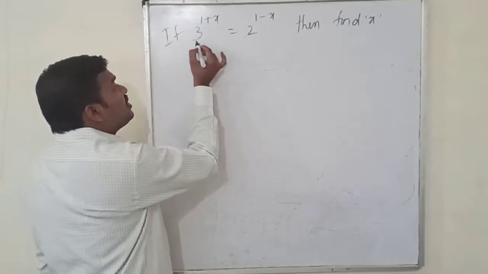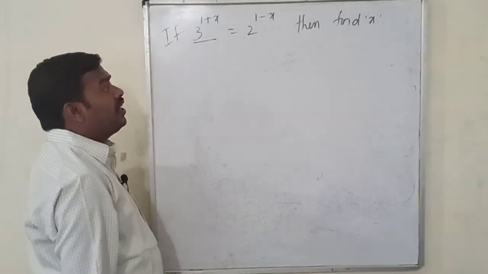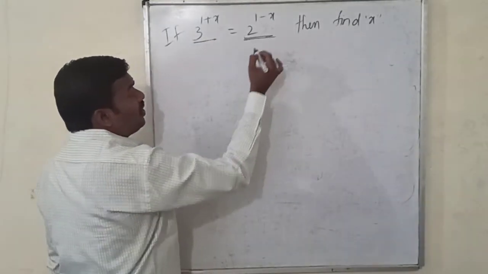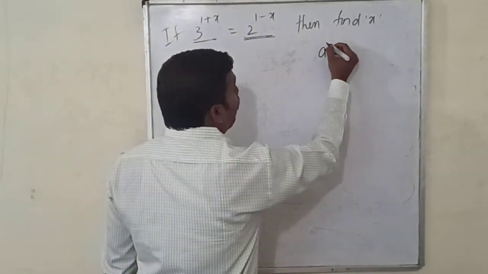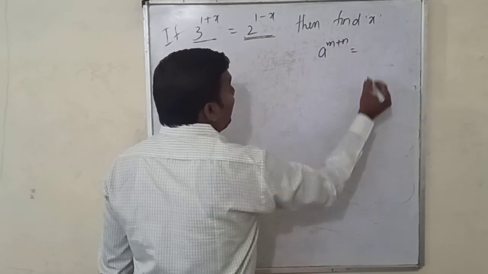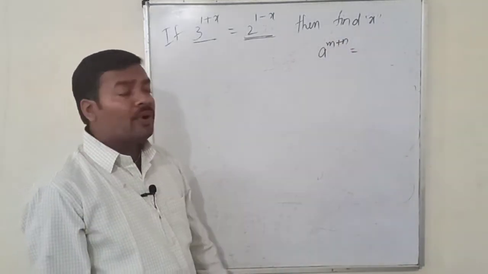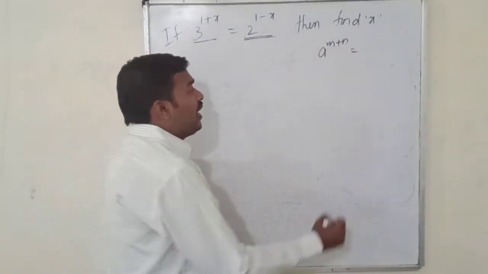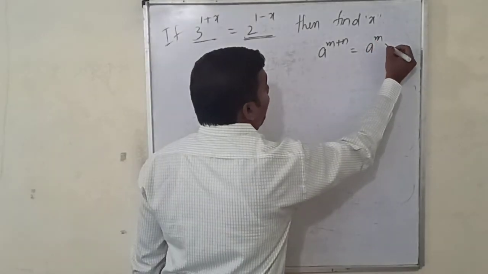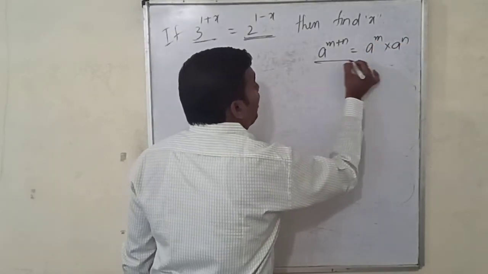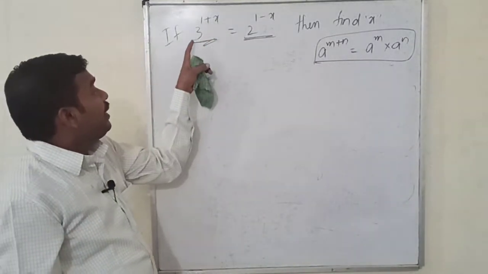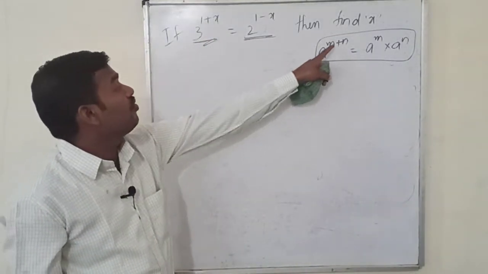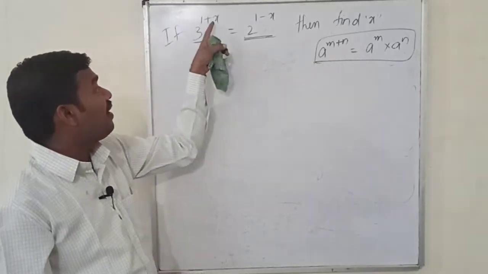Here this is in the form of a power m plus n, and this is in the form of a power m minus n. What are the formulas for a power m plus n and a power m minus n? A power m plus n is a power m into a power n. We are applying this formula for 3 power 1 plus x. In place of a we have 3, in place of m we have 1, in place of n we have x.